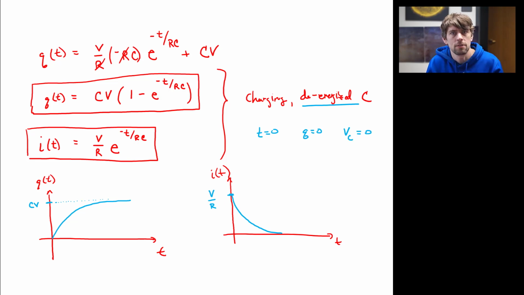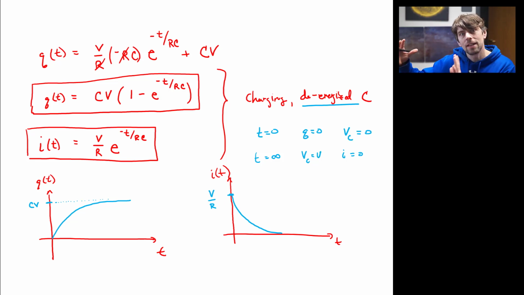Now, of course, at long times, when t goes to infinity, the potential across the capacitor is equal to the potential across the battery, and current stops flowing. So at short times, at t close to 0, the capacitor is acting almost like a perfect wire. At long times, the capacitor is acting like a break in the circuit. It no longer allows current to flow through the circuit. And that is a behavior unique to capacitors.